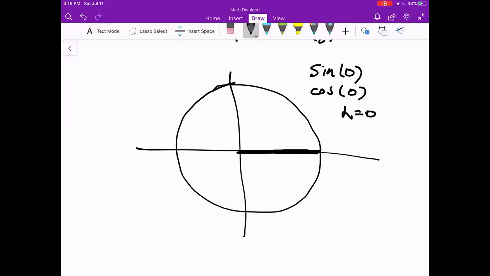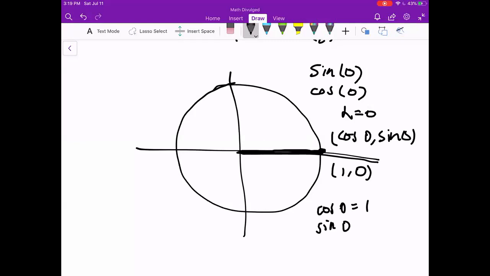Since this length has 0 degrees between itself and the x-axis, this point will have the value cosine 0, sine 0. But again, this is a unit circle, so this point is also equal to 1, 0. Therefore, cosine of 0 is equal to 1, and sine of 0 is equal to 0.